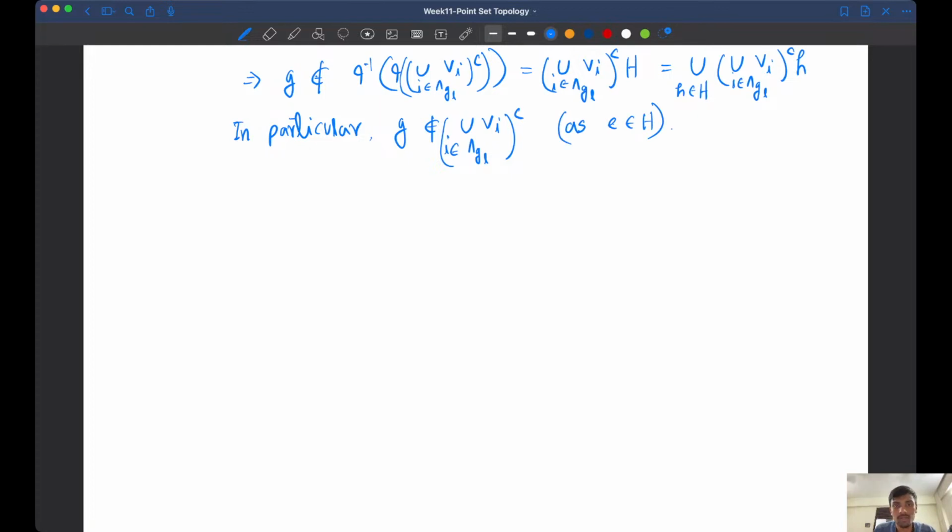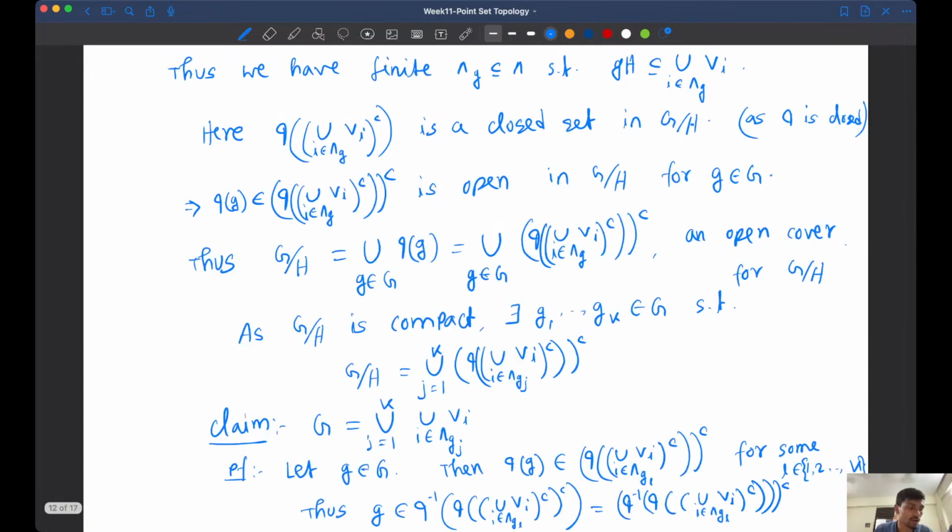So this implies G belongs to union over I belongs to lambda GL Vi. So once this belongs to something, in particular it belongs to this total union, right?